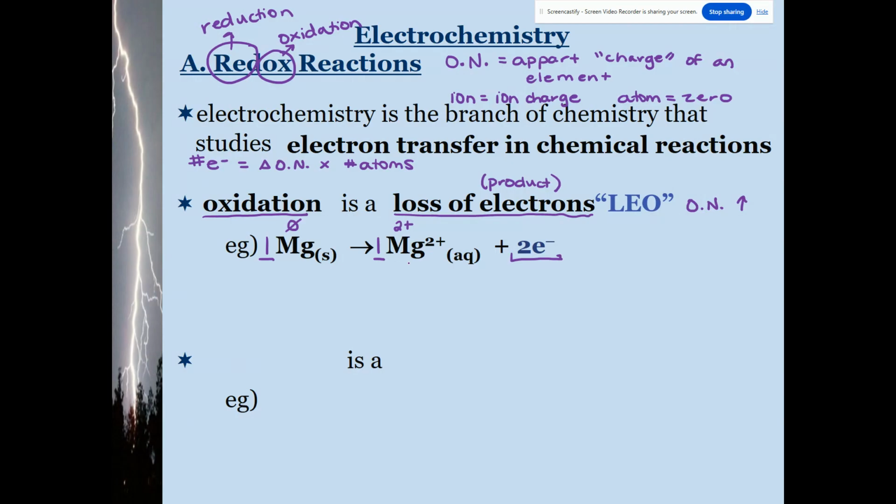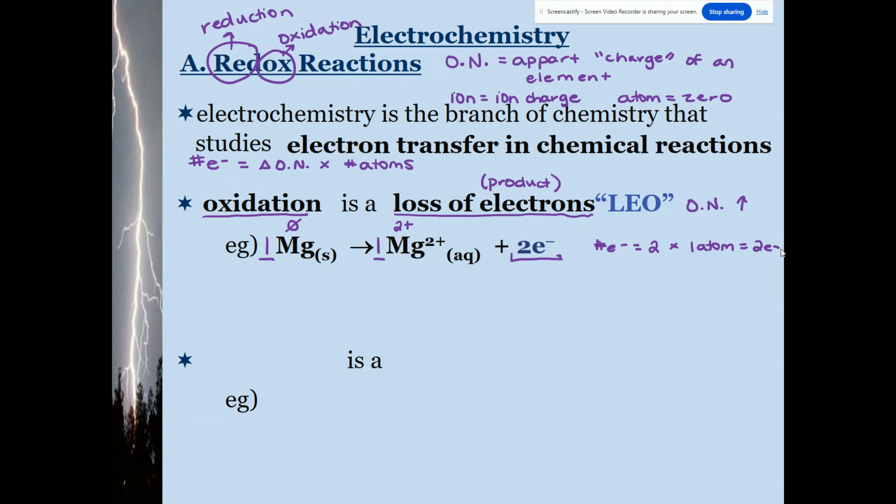They should be the same on each side. I have 1 magnesium atom becoming 1 magnesium ion. So my number of electrons being transferred, the change in oxidation numbers from 0 to 2, so it's changing by 2, and there's 1 atom of magnesium on each side. So that's my transfer of 2 electrons, okay?